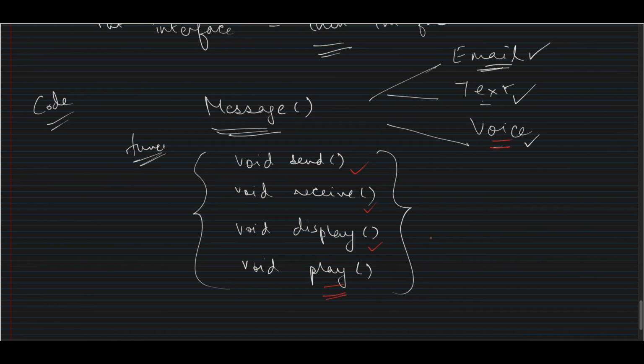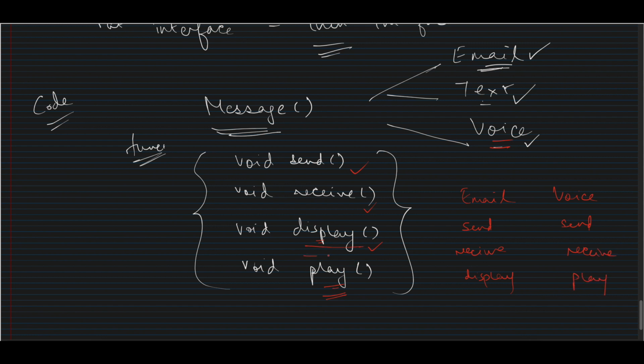Voice message, on the other hand: send is fine, receive is fine, they cannot be displayed but they can be played. So if I write email versus voice message, I can do send, receive, and display in email, but I cannot do a play. In voice, I do send, receive, and play.